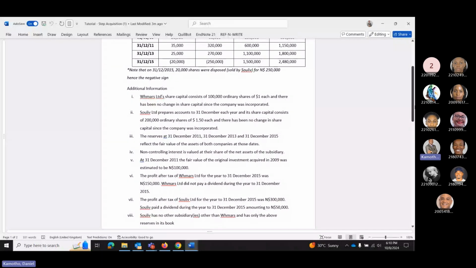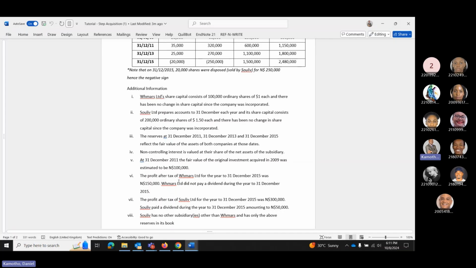Of course, then the profit after tax of YMAS for the year ended 2015 was 150, and YMAS did not pay a dividend during the year. So YMAS is a company that is an investee, a company that eventually becomes a subsidiary. The profit after tax for the parent for the year ended was 300,000, and they paid a dividend during the year amounting to 50,000.